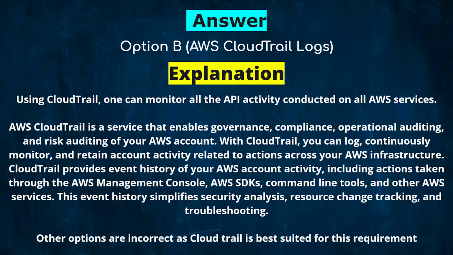CloudTrail provides event history of your AWS account activity, including actions taken through the AWS Management Console, AWS SDKs, command line tools, and other AWS services. This event history simplifies security analysis, resource change tracking, and troubleshooting. Other options are incorrect, as CloudTrail is the best suited for this requirement.